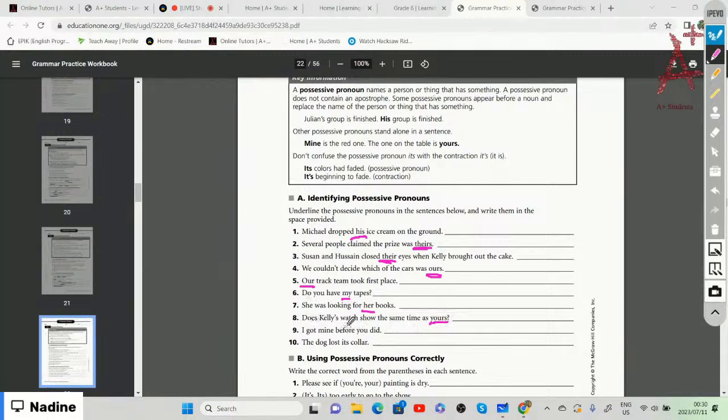I got mine before you did. This is a possessive pronoun that's standing on its own. Basically, I got mine. So we'll choose mine. The dog lost its collar.